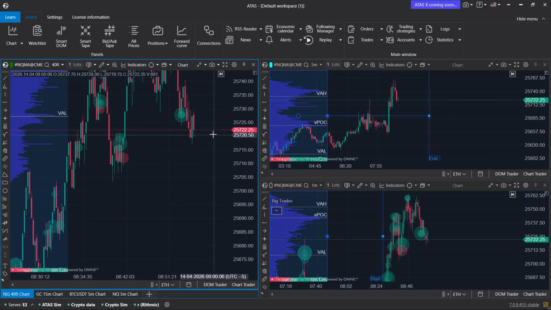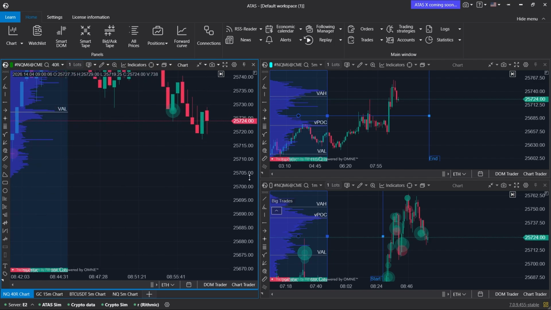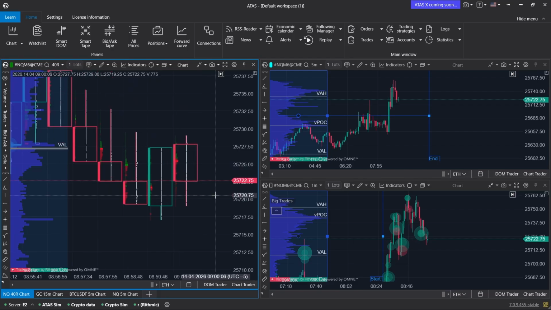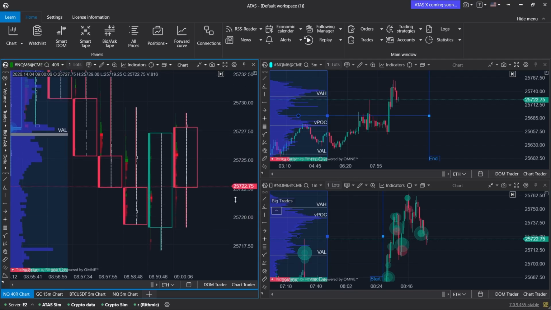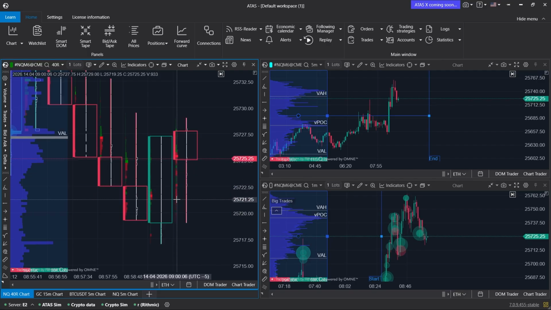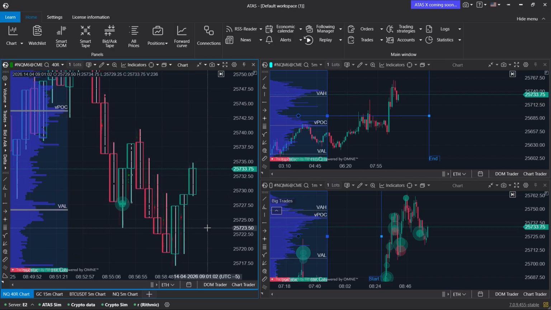So yeah, let's hope for the best. It's giving some good rejections from this area, but the volume is not that good, right? It formed a P type structure, but also this was like a curve over here. Oh, sorry, I did not put my SL.